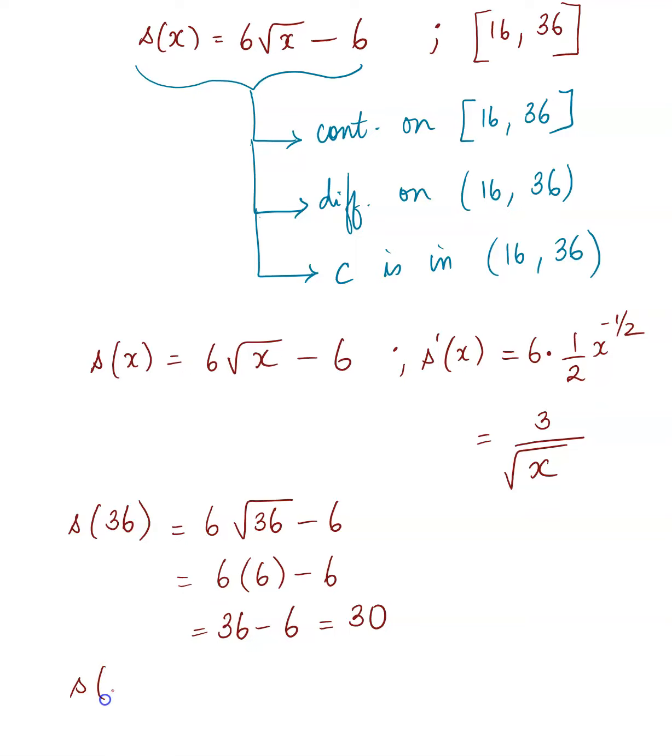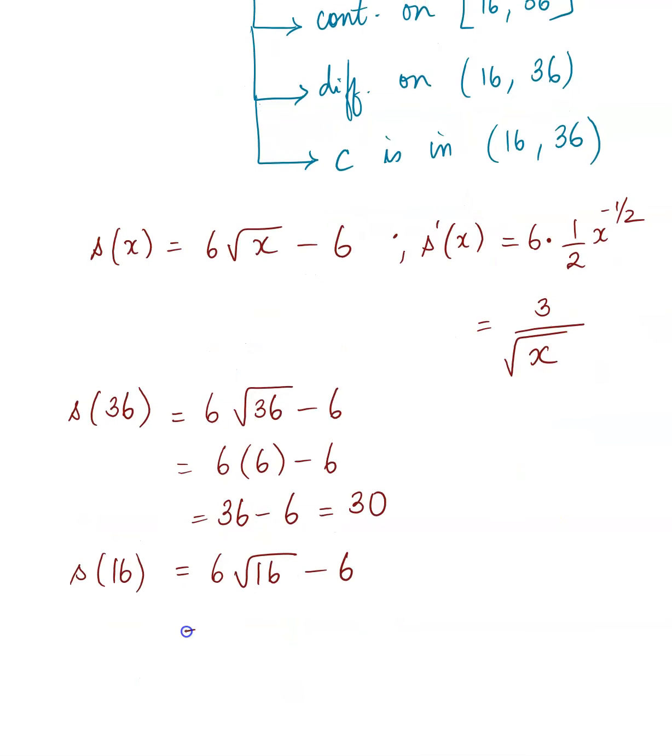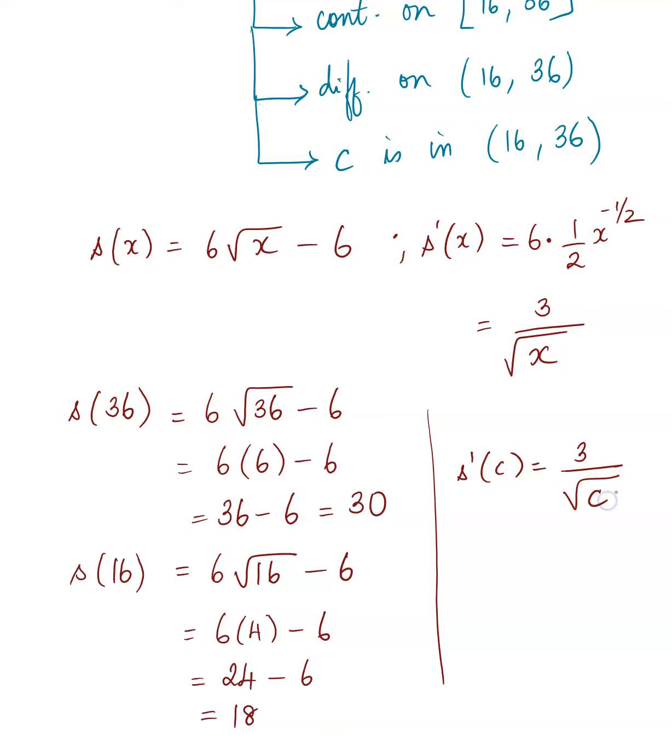And s of 16, the other end, is 24 minus 6, which is 18. Then if you come over here, s prime of c is 3 over square root of c.